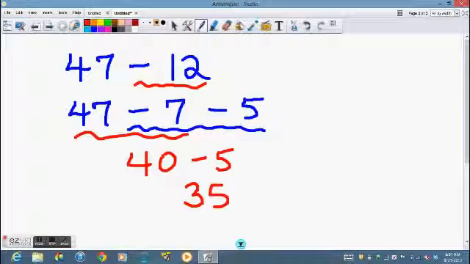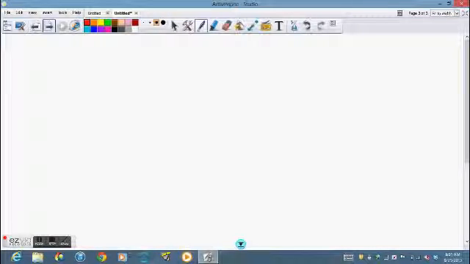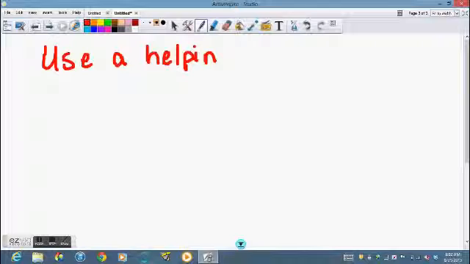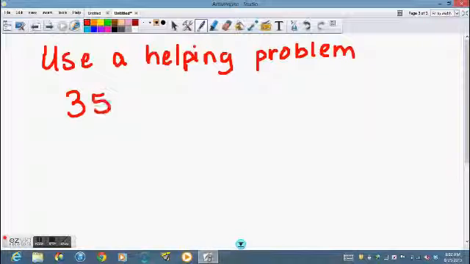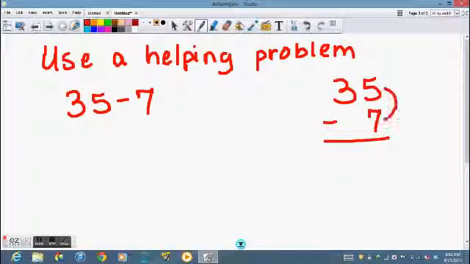Now, another thing that you can do is called using a helping problem. Alright, so let's see what that is about. Let's say we were doing 35 minus 7, that same problem that we did a minute ago. And I want to remind you, whenever you're subtracting 35 minus 7, if you do it the traditional way, when we try to subtract 5 minus 7 here, we can't do that because we need to borrow.